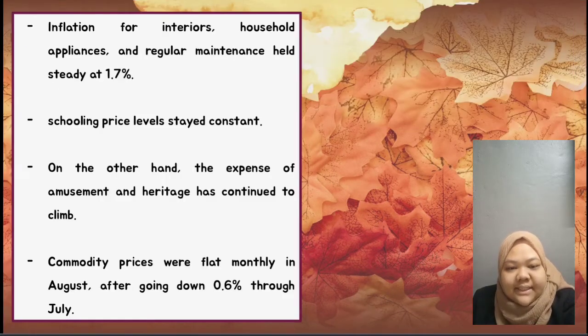In the meantime, inflation for furnishings, household appliances, and regular maintenance held steady at 1.7%, while education price levels stayed constant. On the other hand, the expense of recreation and culture has continued to climb. Commodity prices were reported monthly in August after going down 0.6% through July.